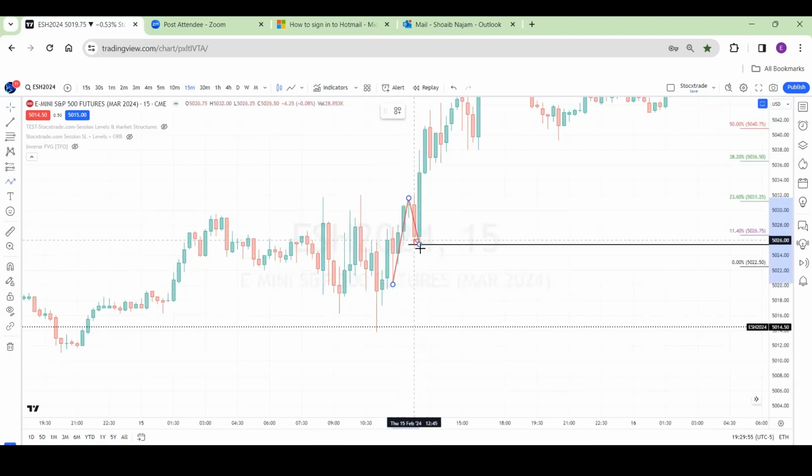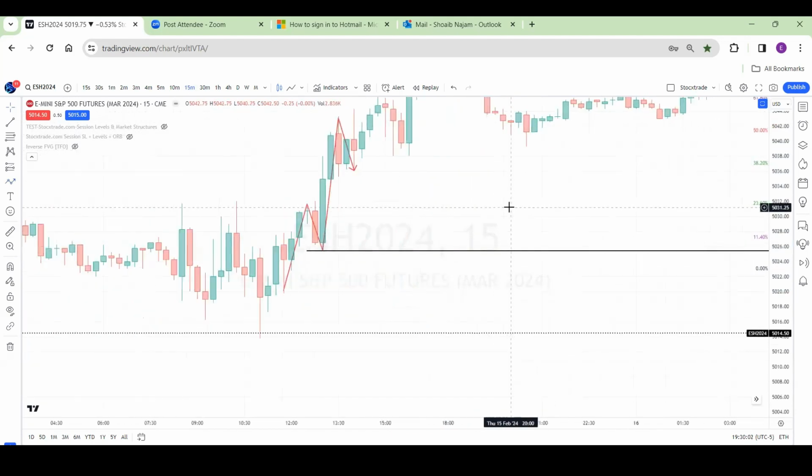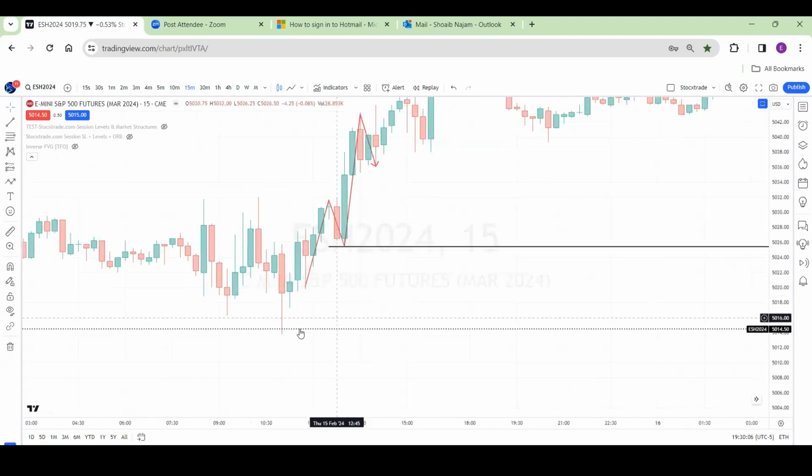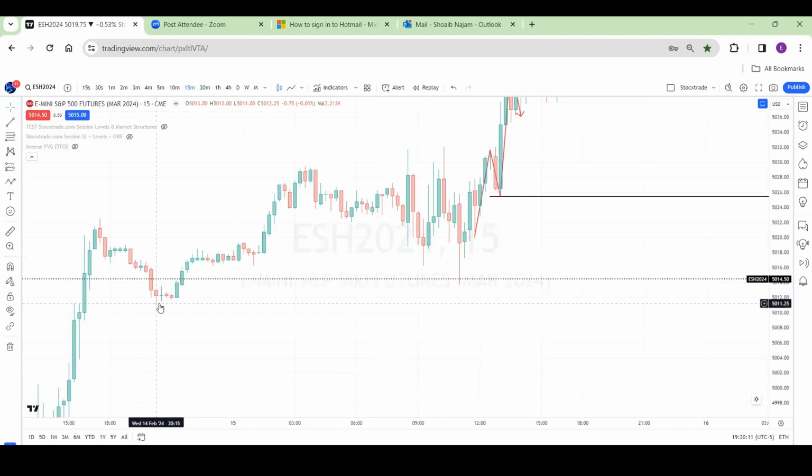So this is your liquidity level, internal liquidity. This is another internal liquidity. Wherever you find the swing, swing means high and then low, high and then low. This is the lowest low, and there is another lowest low.